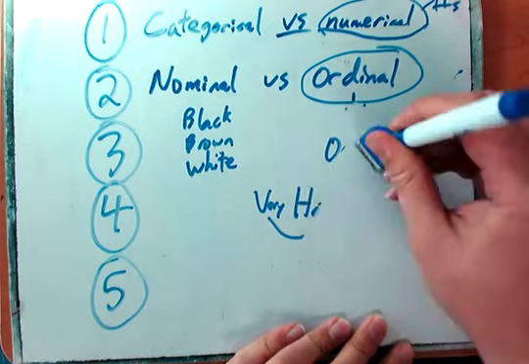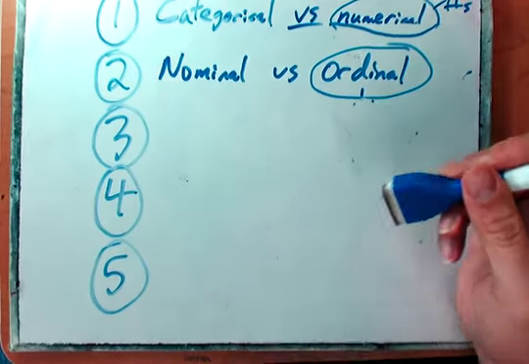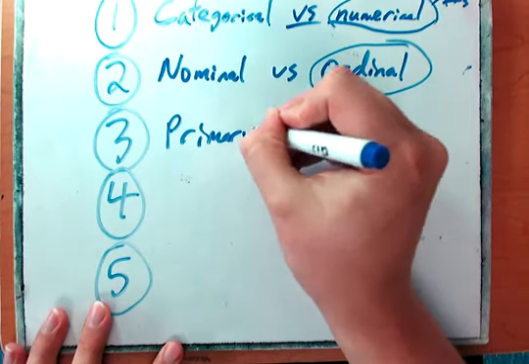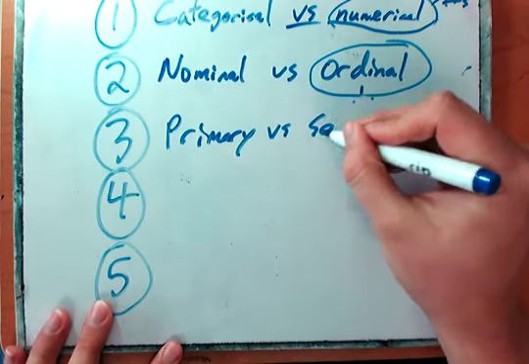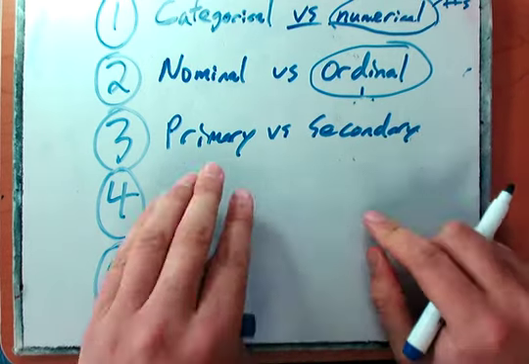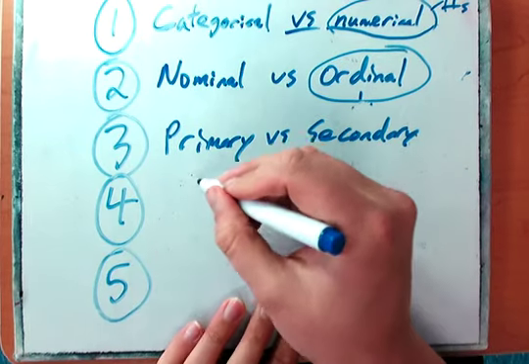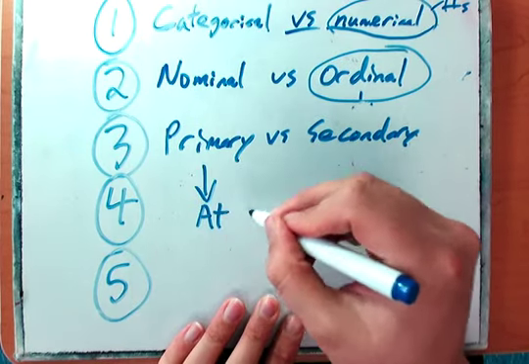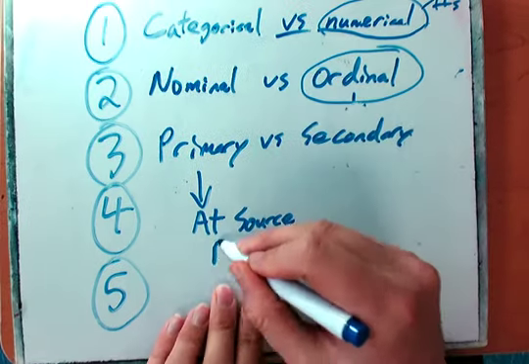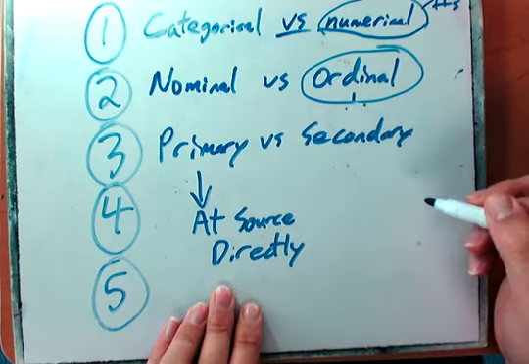So we'll move on to the next one, which is primary or secondary. Primary versus secondary. So primary data versus secondary data, this is like at source. At source, you are directly measuring, directly connected to the thing.